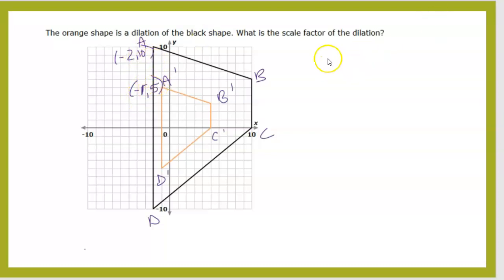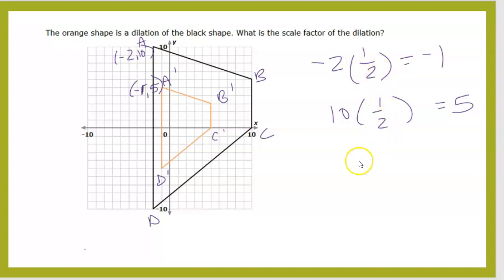You can write that out if you want. We're trying to figure out how did we get from here to here? How did that value change? We multiplied it by 1/2. Or, like I said, you basically divided each of these by 2. But because it's shrinking, our scale factor is going to be between 0 and 1. So to get from A to A prime, we halved it.